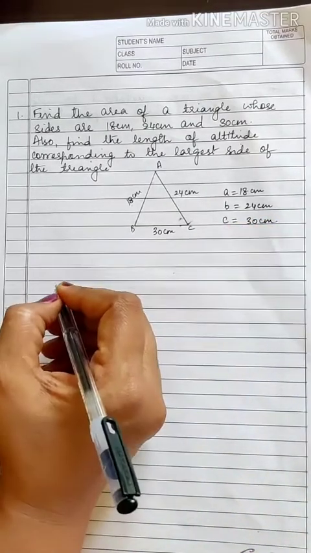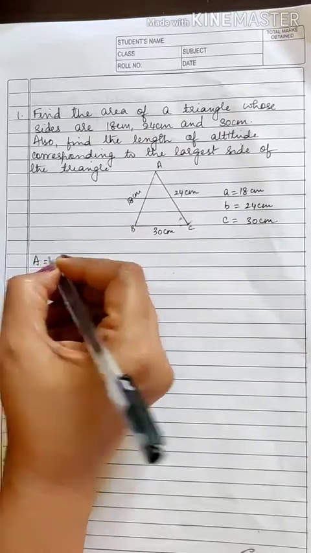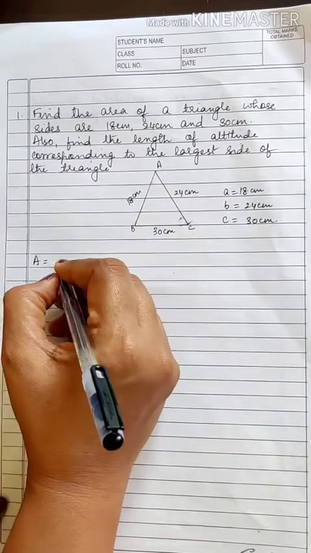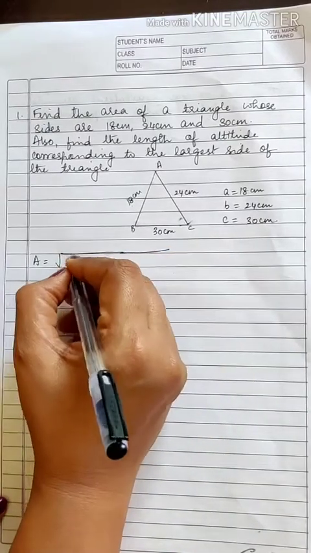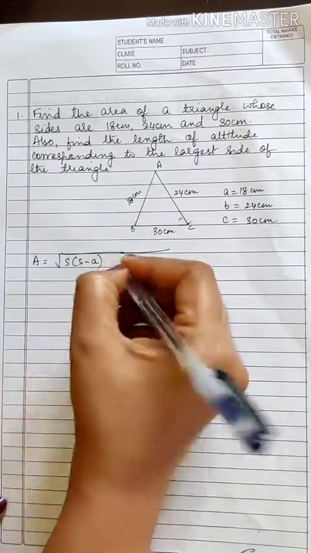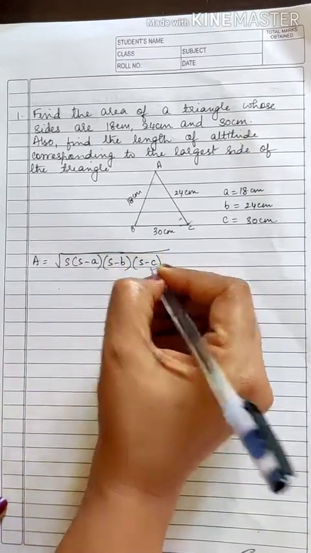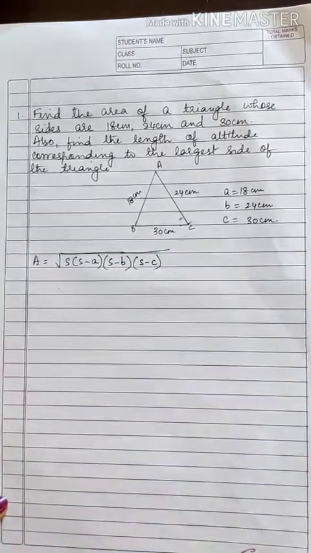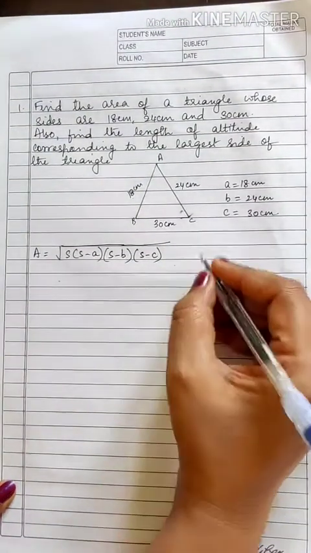You know how to find the area of a scalene triangle. The formula is area is equal to root over of S minus A, S minus B and S minus C, where A, B and C are the sides and S is the semi-perimeter of the triangle.